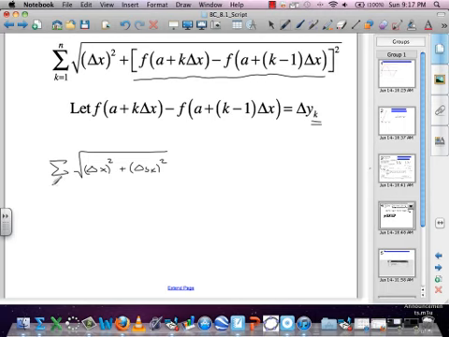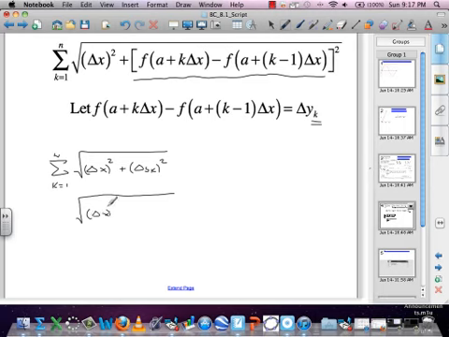Okay, we're still going from k equals 1 to n, and now we want to do some interesting algebra here to help us out and come up with some interesting symbols that we've seen before. All right, inside the square root sign, we're going to multiply by 1 in an interesting way.